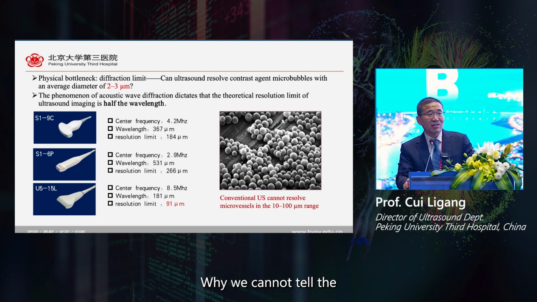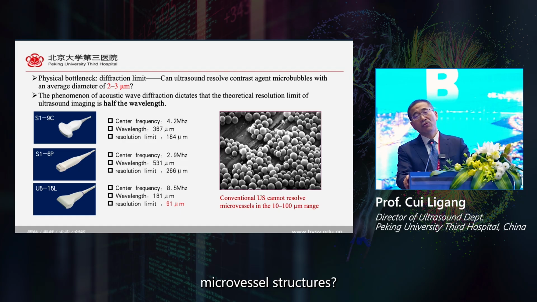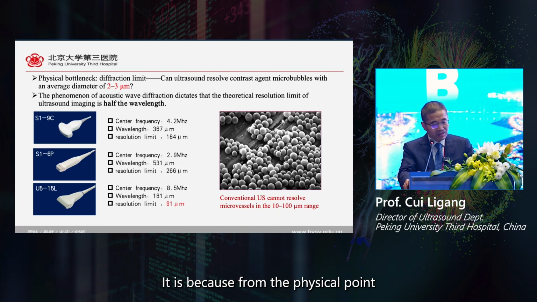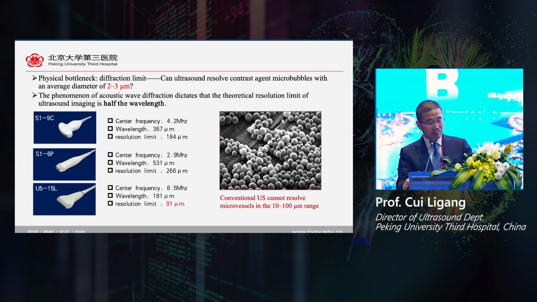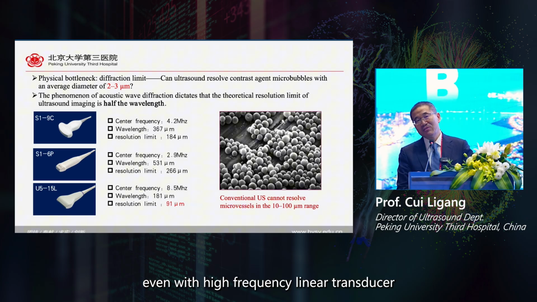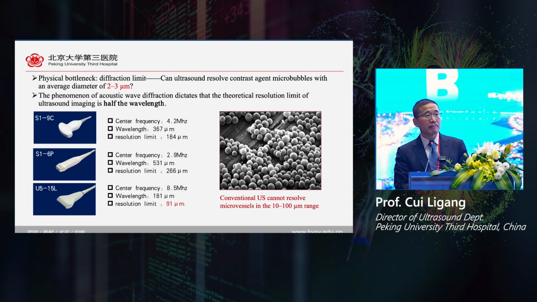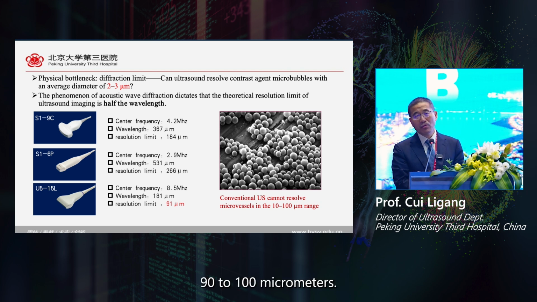Why can we not tell the microvascular structures? It's because from the physical point of view, there is a bottleneck, the diffraction limit, even with a high frequency linear transducer. The resolution limit is around 90 to 100 micrometers.